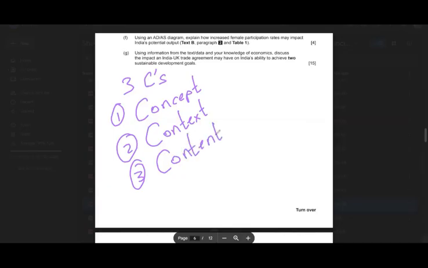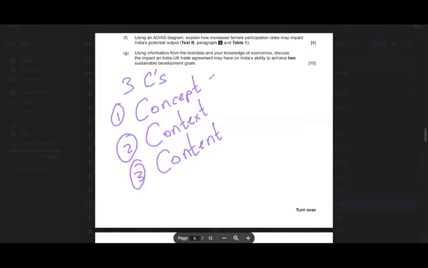Remember, this is a 15-mark question. Even though it is discuss or it could be evaluate, the command term, you want to provide critical analysis. You want to provide your opinions. You want to provide your arguments in a more finessed way.